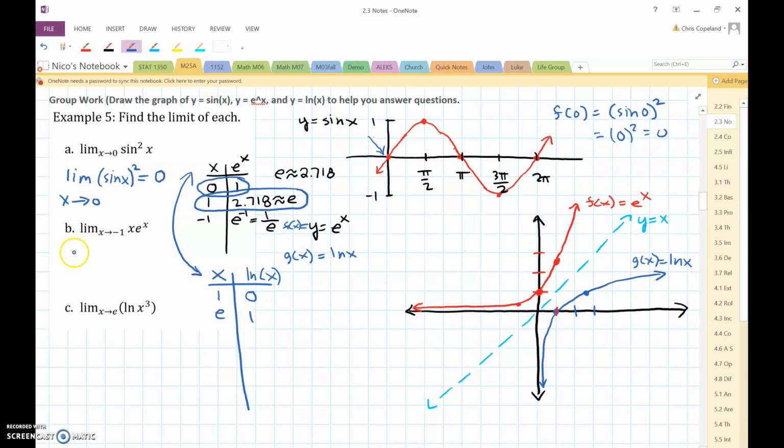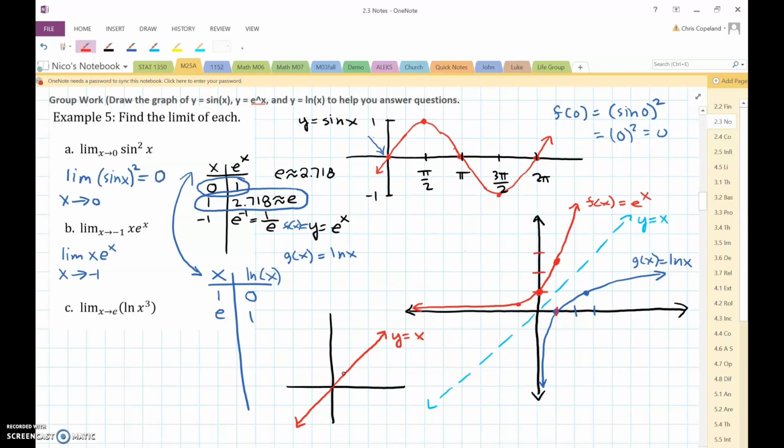Next, let's try the limit of x times e to the x as x approaches negative 1. Well, the only graph that we don't have up here would be the graph of the function y equals x.